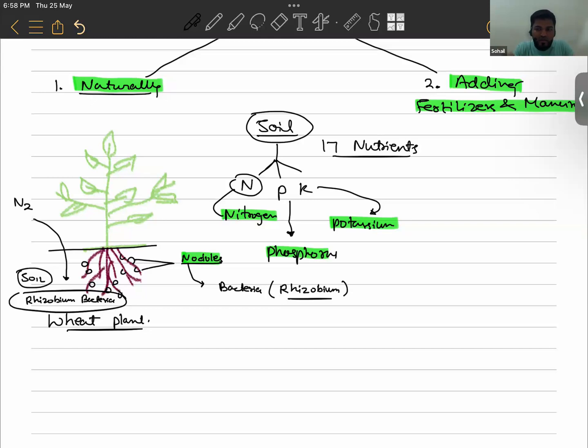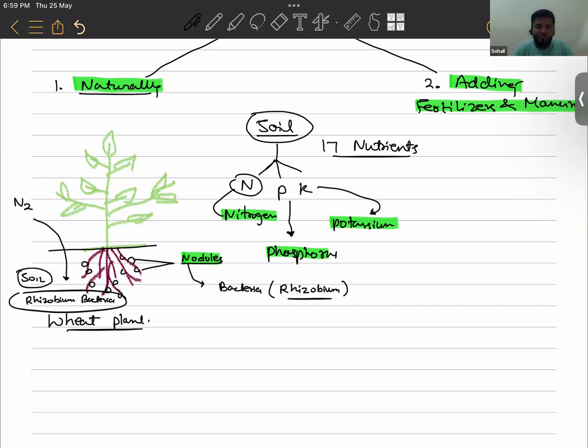Now, as we already know that roots absorb anything in the form of solution, the root will absorb that solution of nitrogen, and hence the plant will get nitrogen. Yes, Mafaz? Okay. So do tell me, is this procedure not natural? Is there any human interference? Is there addition of any manure or fertilizer here? No. So there is not much human intervention here.